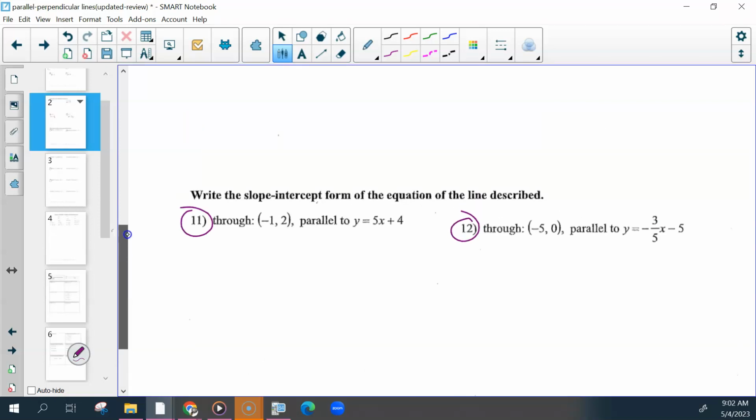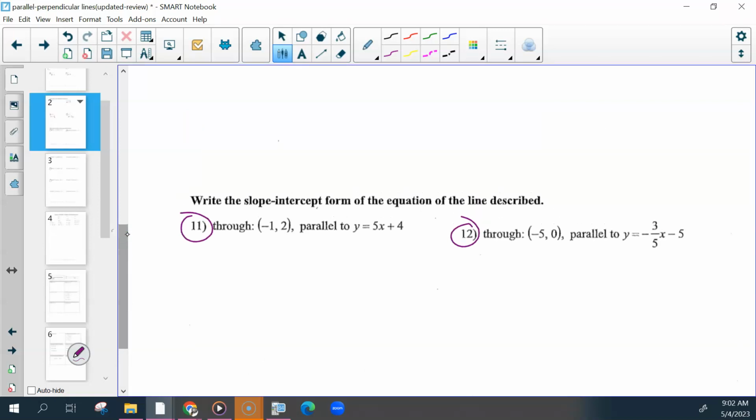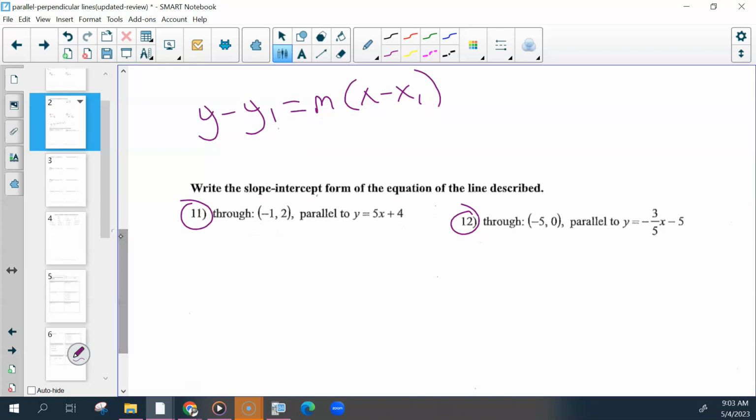Before we do anything, you may or may not remember this, but we need our point slope formula. y minus y1 equals m times x minus x1. So in order to do this, we need to know what our slope is.